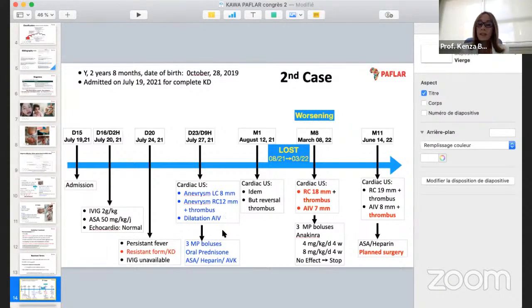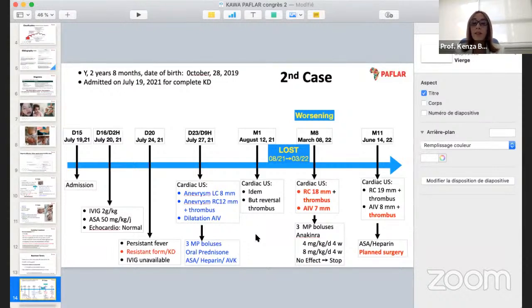Devant cette atteinte cardiaque sévère, cet état de fièvre persistante, de syndrome inflammatoire et en l'absence d'immunoglobulines, le patient a été traité par 3 bolus de méthylprednisolone à la dose de 30 mg/kg par jour et par anticoagulation. Nous avons pu réaliser une écho-cœur une semaine après ce traitement, qui montrait le même aspect échocardiographique avec tout de même une régression de l'anévrisme.